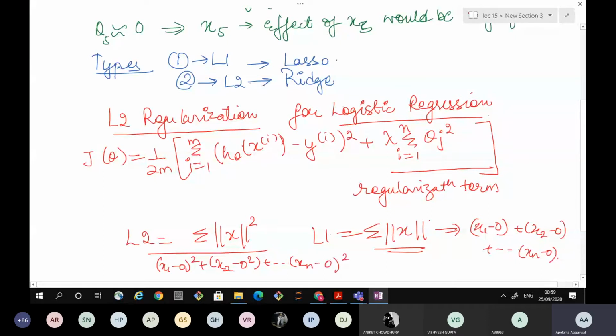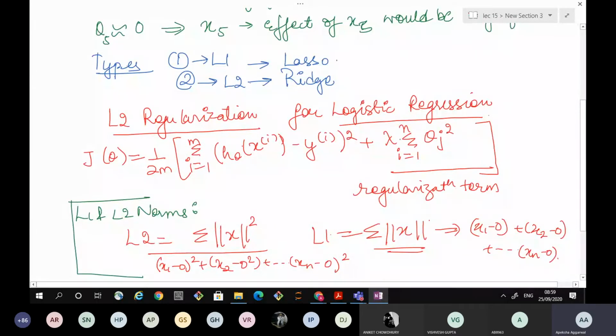If my point is not 0, 0 but y1, y2, this would be replaced by x1 minus y1, x2 minus y2, up to xn minus yn. So this is my L2 norm, the general Euclidean distance. This is the general idea that we already know, for L1 and L2 norms.